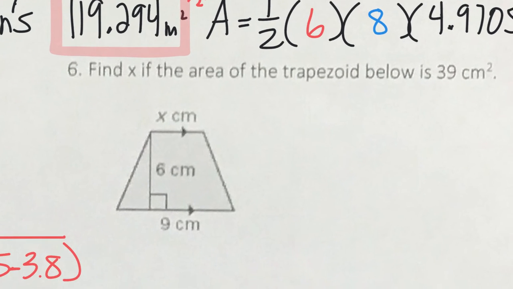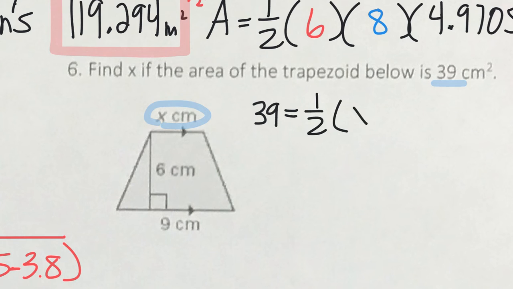Number 6, looks like we have an algebra problem. We know the area is 39, and it says find x. So we want to figure out what the length of this base is. Our formula says that the area equals 1/2 the sum of our bases, so 9 plus x, times the height, which is 6. 39 equals half of base 1 plus base 2 times 6.